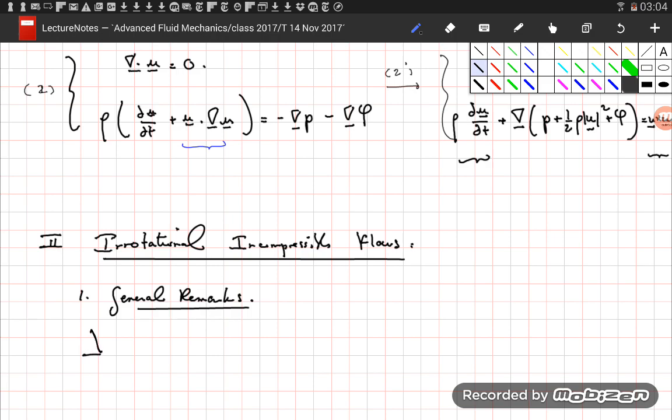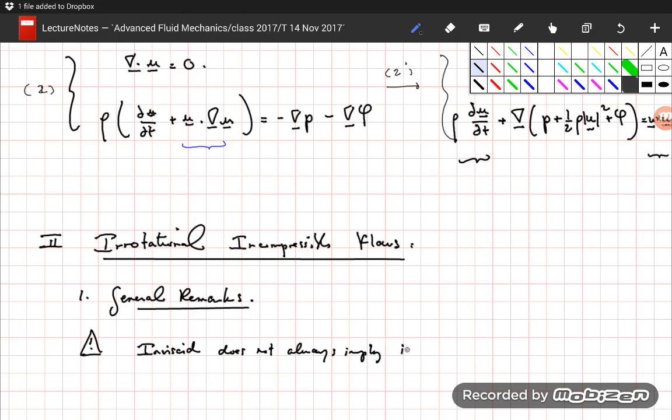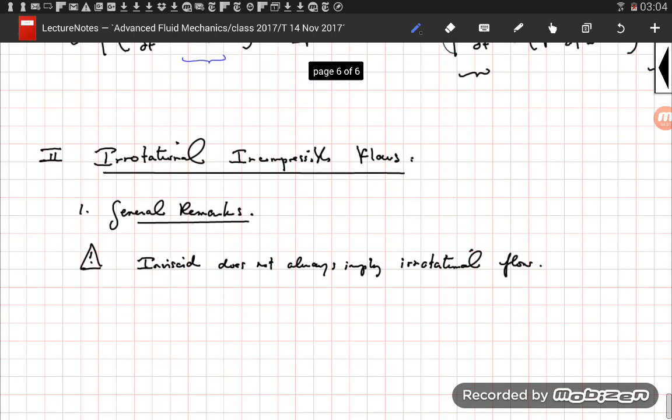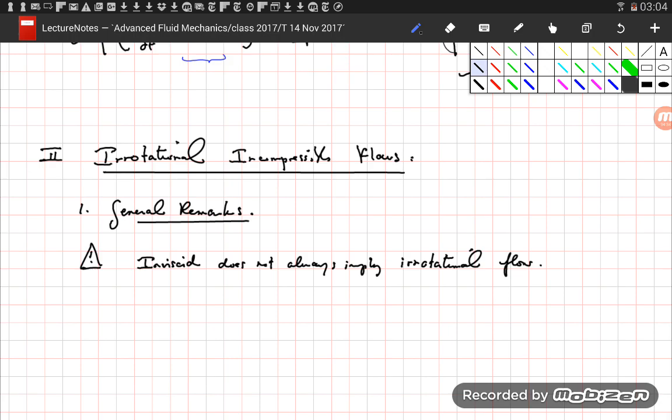I just want you to remember that inviscid flows do not always imply irrotational flows. So you could have an inviscid flow that is not irrotational. However, we'll see that if the flow is irrotational, then necessarily it is inviscid. Irrotational and incompressible, I should say. So that's the first thing I want you to remember.